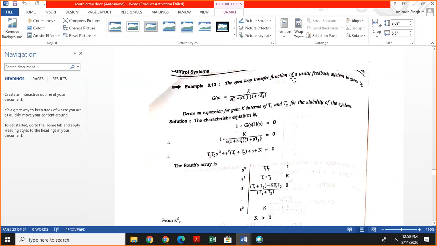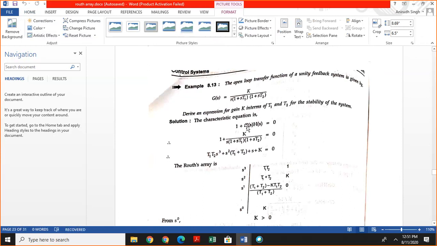The open loop transfer function of a unity feedback system is given by G(s) equal to K divided by s(1 plus sT1)(1 plus sT2). Write the expression for gain in terms of T1 and T2 for the stability of the system.